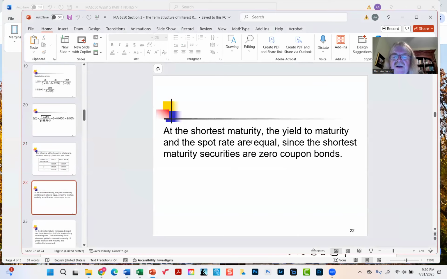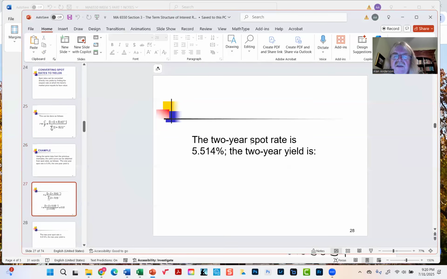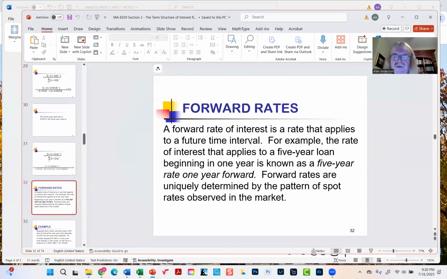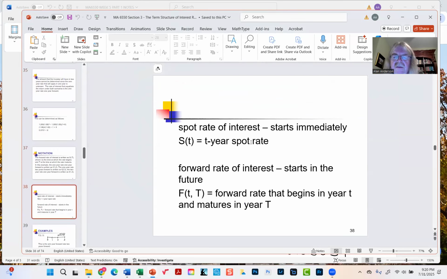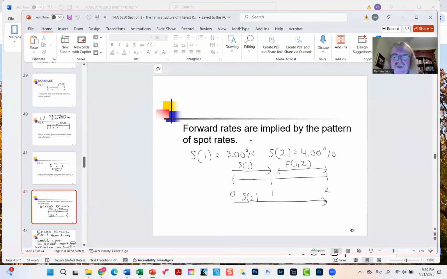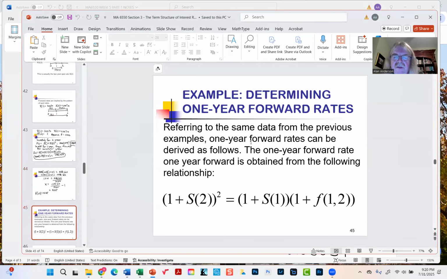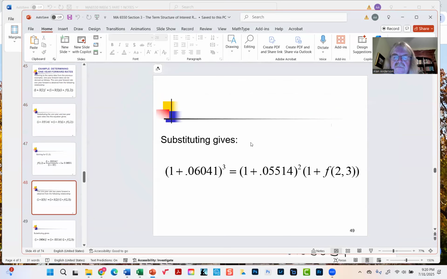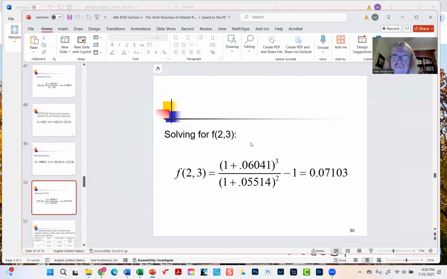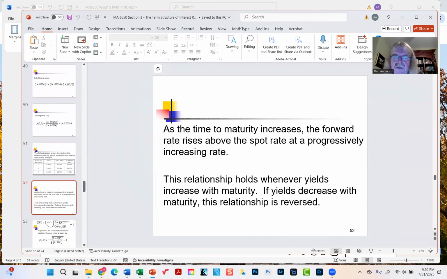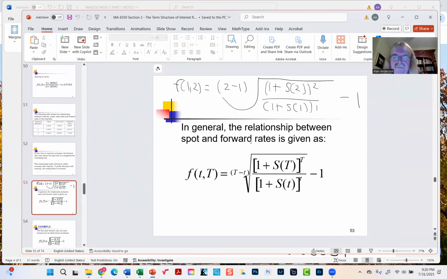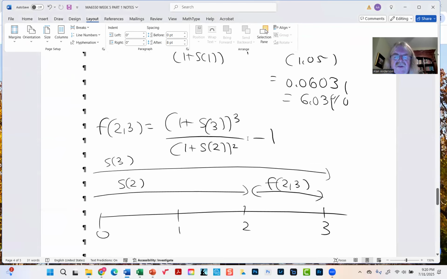Now it turns out that there's a pretty interesting relationship going on here, and I'll show it to you with some graphs. Let me just show you quickly what we're seeing here.